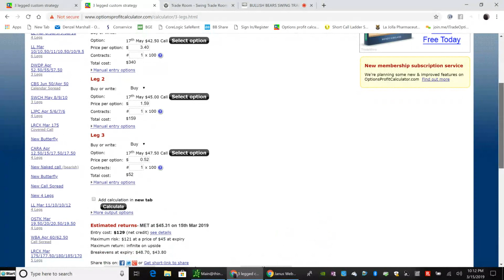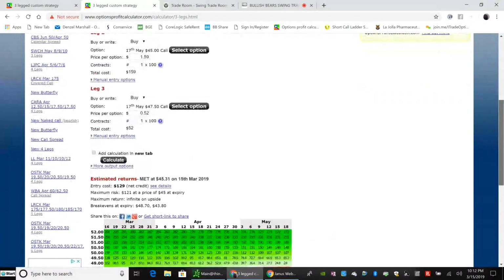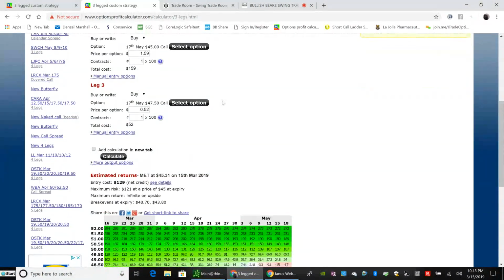And here you will be able to see, and it calculates it for you, so you don't have to do all the calculations on your own. You'll be able to see here that the entry cost for this trade is a net credit, because you are pretty much setting it up as a credit spread. So you're taking in a credit. Maximum risk, $121.